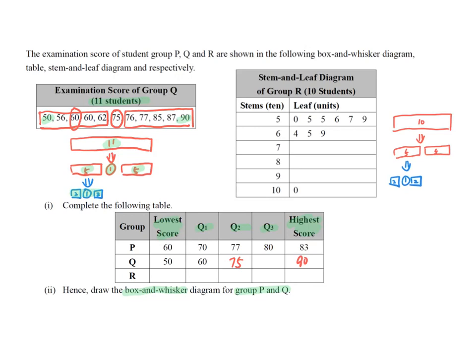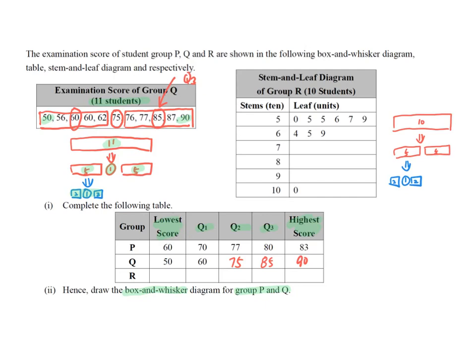We got Q1 to be 60. Similarly, for the second half, we try to find the one in the middle, which is our 85. This one would be our upper quartile, which is our Q3. So we can drop it down here. We got 85. After we complete group Q, we can move on to group R.